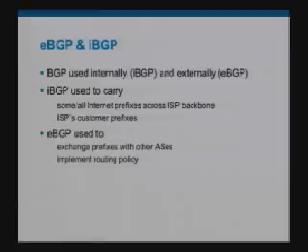So iBGP today traditionally is used to carry internet prefixes across your backbone as well as your customer prefixes. You've got customers connecting to your network, you drop their prefixes into iBGP. And eBGP is used to exchange prefixes with other autonomous systems. So in other words, when you're talking to another autonomous system, another network, another service provider, customer of yours, you would be using external BGP.